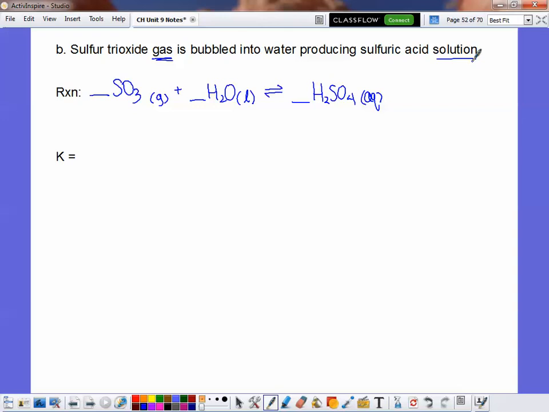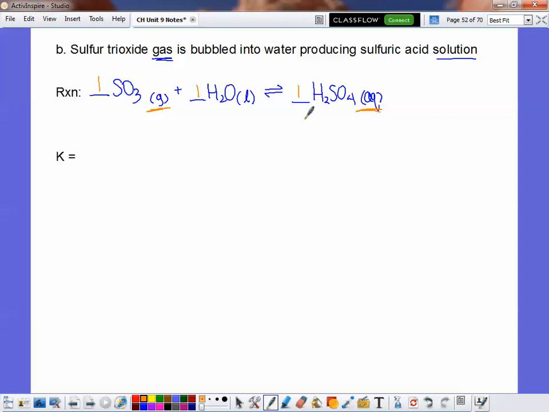Gas and aqueous. Liquids and solids don't go in the expression. So, for this one, my top is going to... Oh, wait, sorry. I got ahead of myself. What do we need to do with this reaction? Balance it. And this one's already balanced.